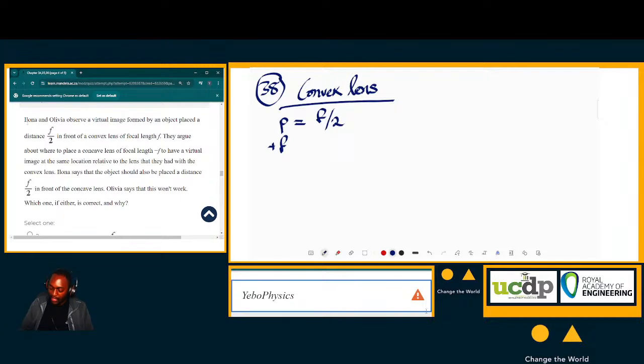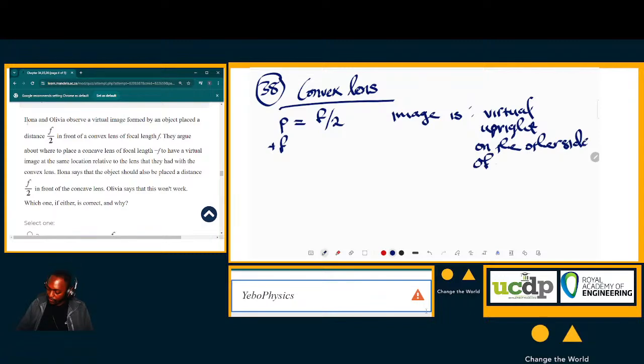So the image formed here is virtual, upright, and it's on the other side of the lens.